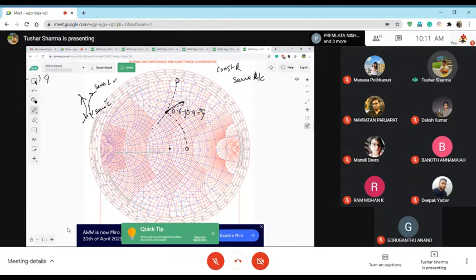So if I go clockwise direction, then it will be series L, है ना. But अगर मैं यहां से इधर जाता हूं, then I go this way, but I have to actually reach 50 ohms.